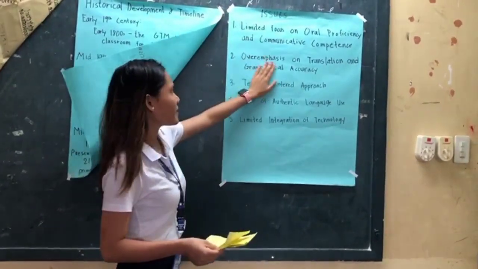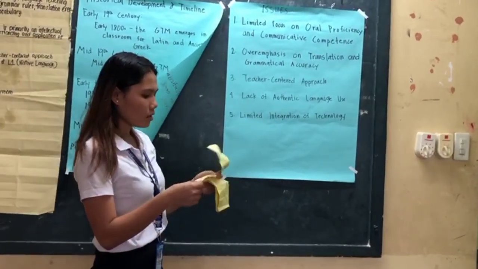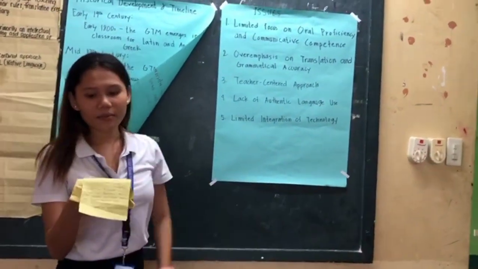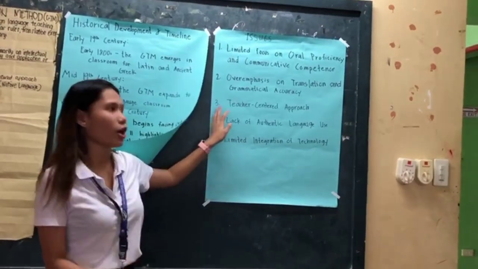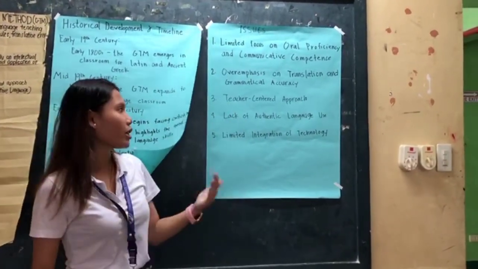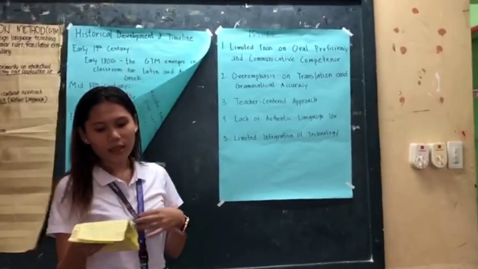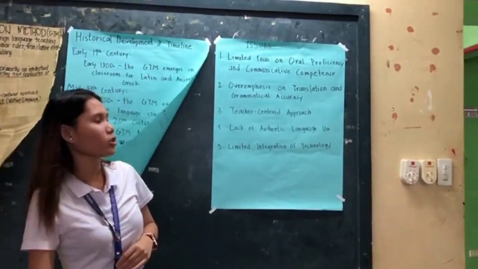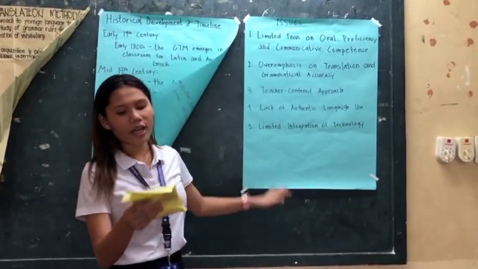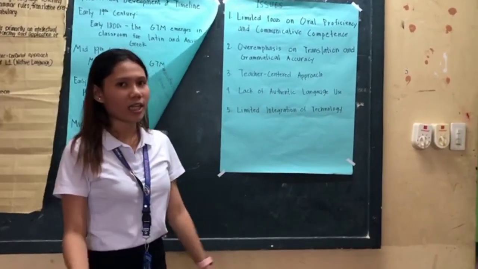And then overemphasis on translation and grammatical accuracy. The GTM's emphasis on translation and grammatical accuracy can hinder learners' ability to use the language effectively in real-life situations. This suggests that focusing solely on accuracy and translation can create a disconnect between classroom and practical language.